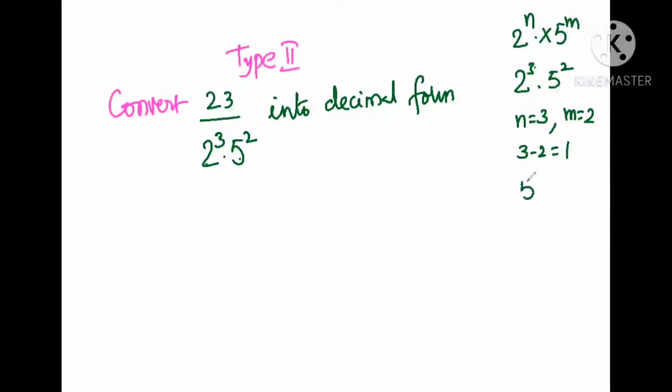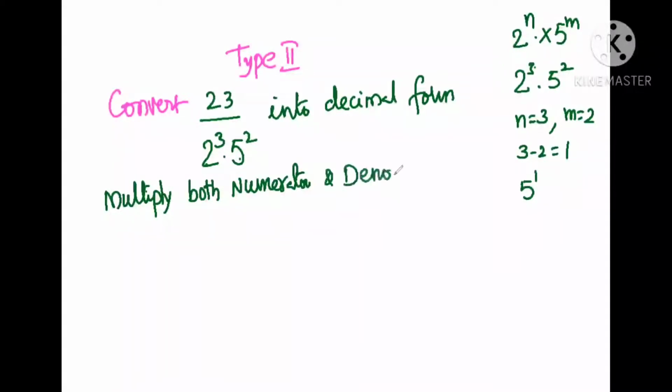Therefore, multiply both numerator and denominator by 5 power 1, so that the exponents of 2 and 5 become equal.